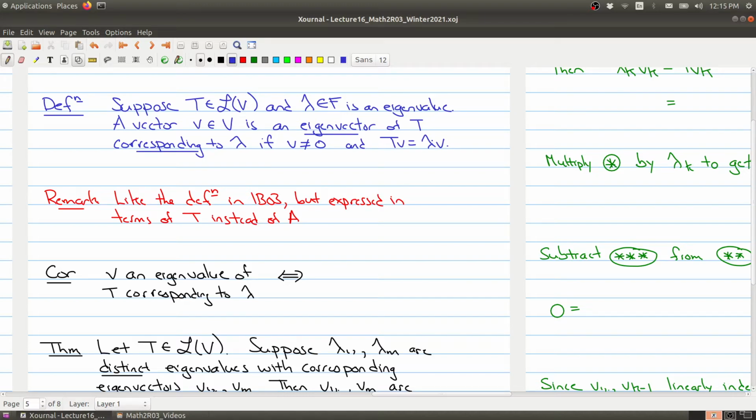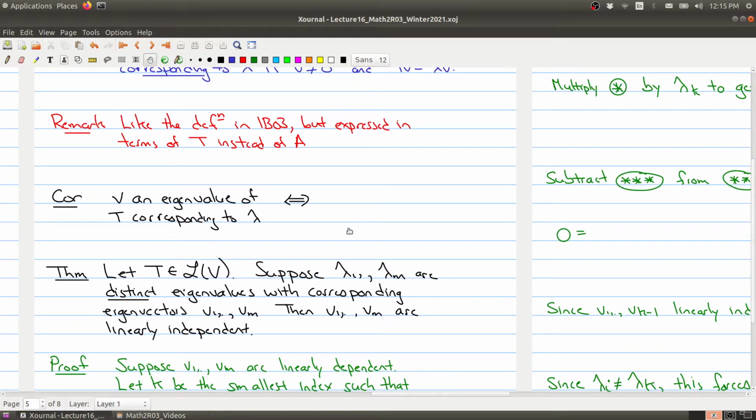Okay, so I've written this in red here. This is like the definition in 1B03 that you would have seen, but now it's expressed in terms of linear operators instead of matrices. And as a corollary here, we have that v is an eigenvector corresponding to the eigenvalue lambda if and only if, another way of saying this, v belongs to the null space of this operator.